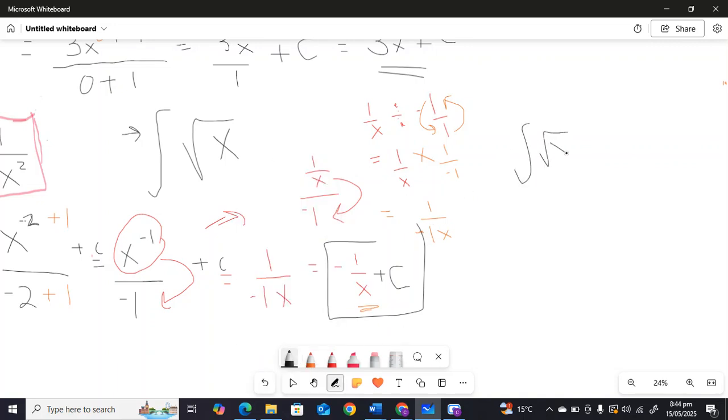If we apply the laws of indices, what does this become?